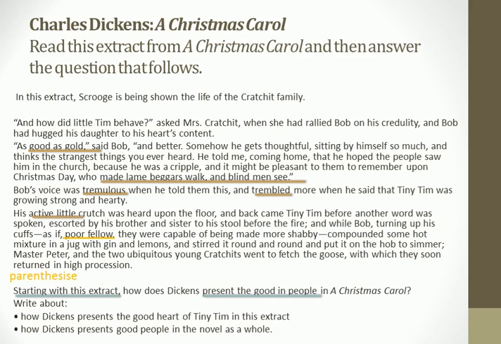You may choose Belle and some of the comments that she makes, which show that she's not a materialistic person, she's a good person, a caring person. So there are several others that you could pick from. The portly gentlemen who are mentioned at the start, who come looking, trying to raise money for charity in order to help the poor, the ones whom Scrooge spurns and turns away. So those are others as well that you could mention.